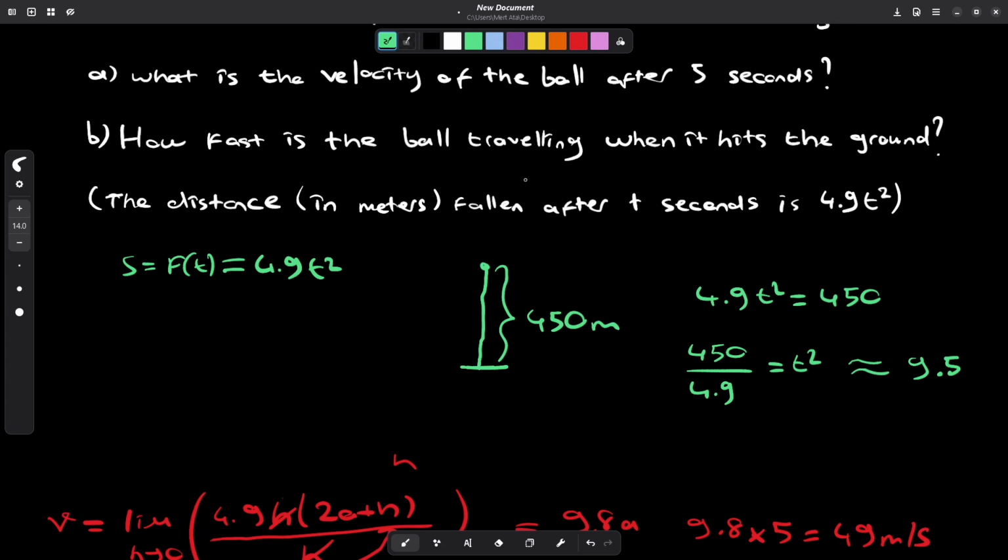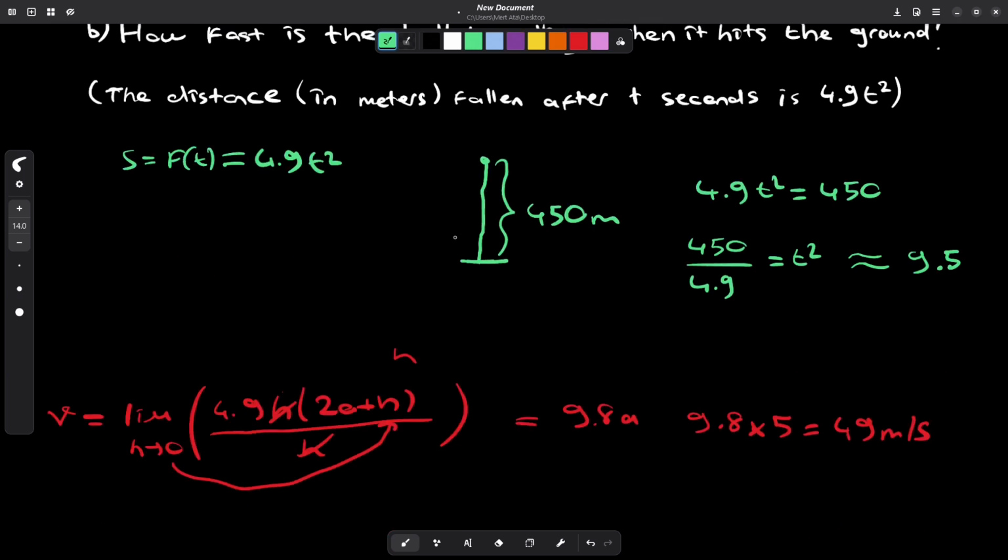And the speed is the question. So what are we going to do? Of course, this is not t squared. Okay, wait. So from here, t is approximately 9.5.